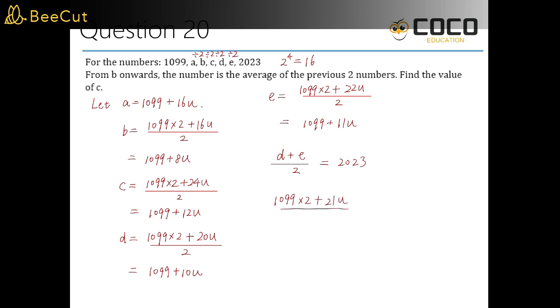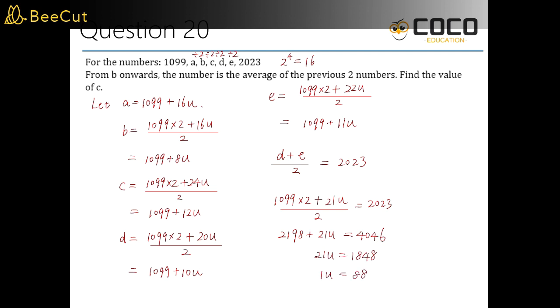Divided by 2 equals 2023. So times 2 on both sides. We have 2198 plus 21U equals 2023 times 2, so that's 4046. Minus 2198 on both sides, so 21 units equals 1848. Divided by 21, 1U equals 88.